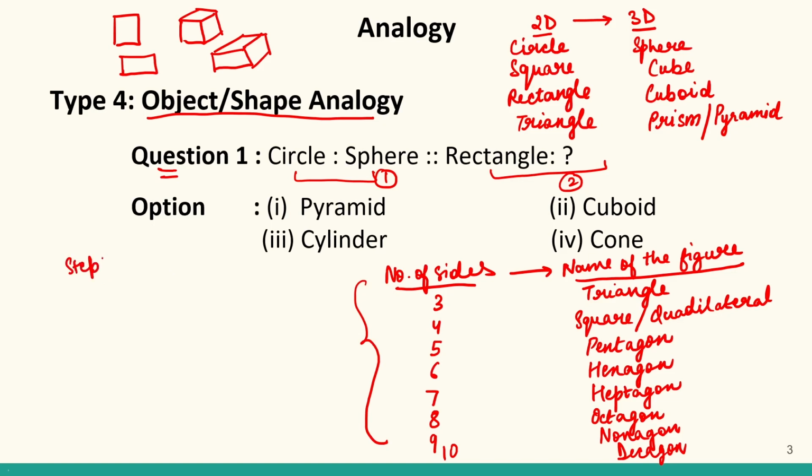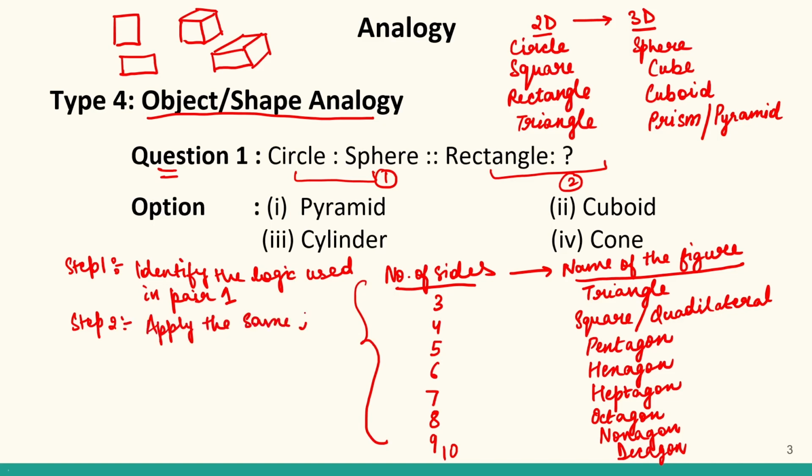Step 1 was to identify the logic used in pair 1, and step 2 was to apply the same logic on pair 2. So in these 2 steps, we can solve any question relating to analogies.